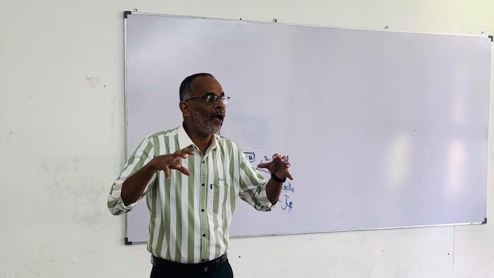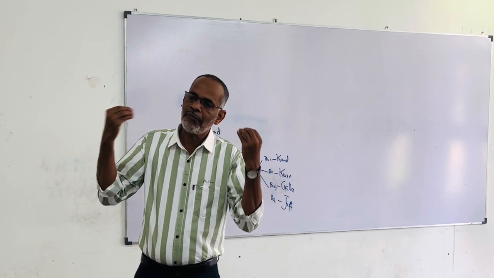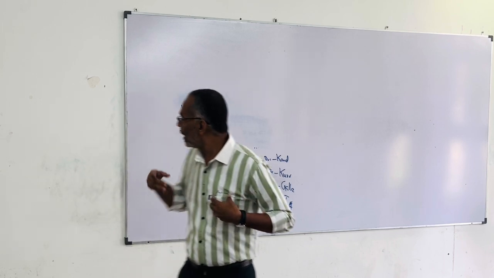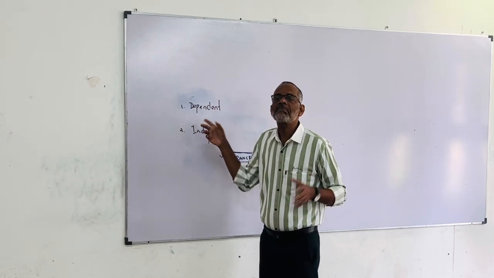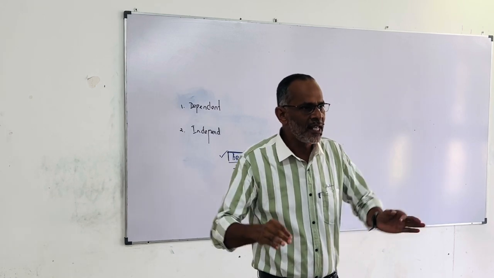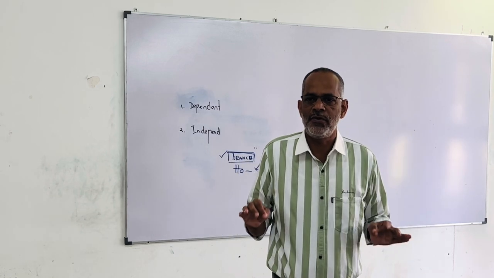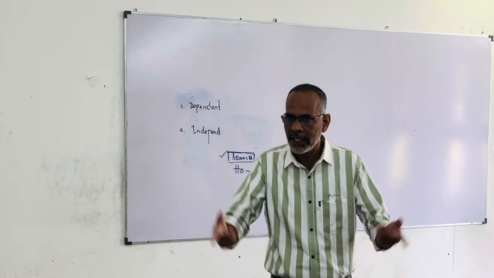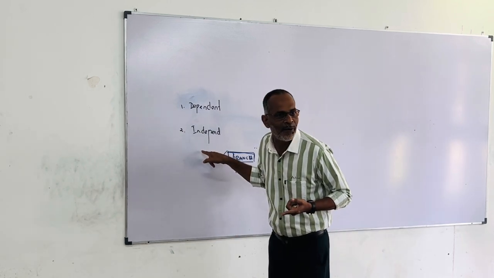Head office prepares the income statement or final account for me. That is called what branch? Dependent branch. I am the Jaffna branch, I am doing the business, and I am preparing my own set of accounts. That time I will be treated as what?